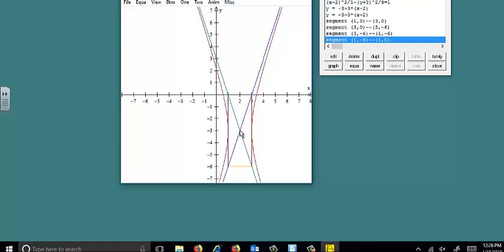Because this is a horizontal transverse axis, we go from the center plus a and minus a, where a was 1. And then we go from here in the y direction plus 3 units to get this point, and minus 3 units in the y direction to get that point.